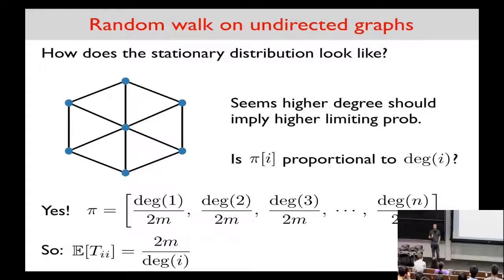But what are we really interested in? When we come back to the algorithm, we start from vertex S, and assuming that S and T are connected, we want to see how much time my random walk will take to go from S to T. That's really what I want to know.